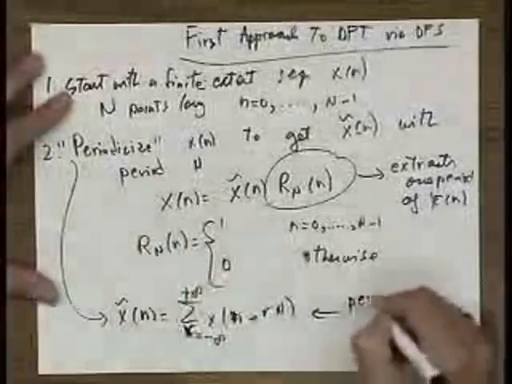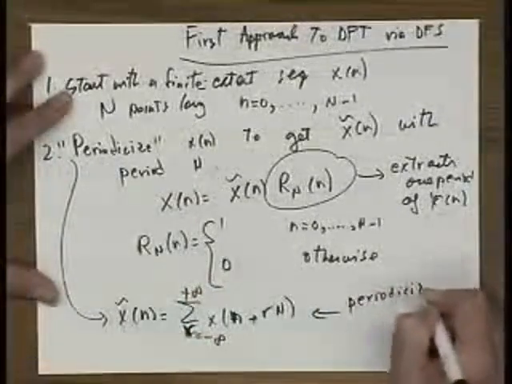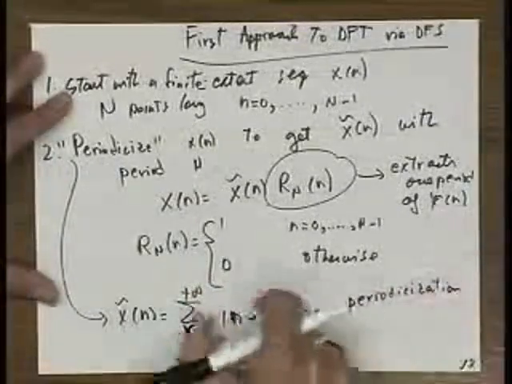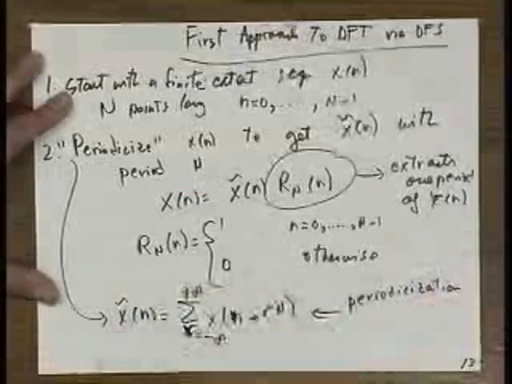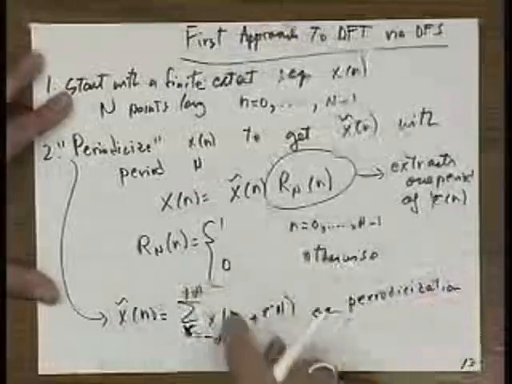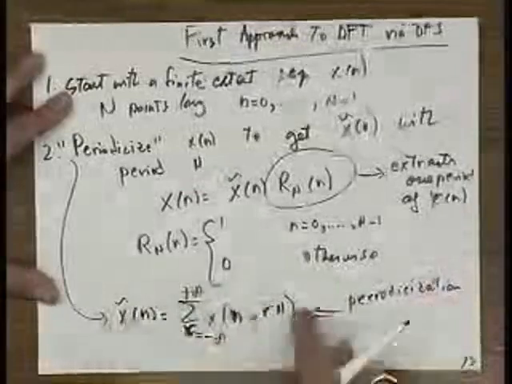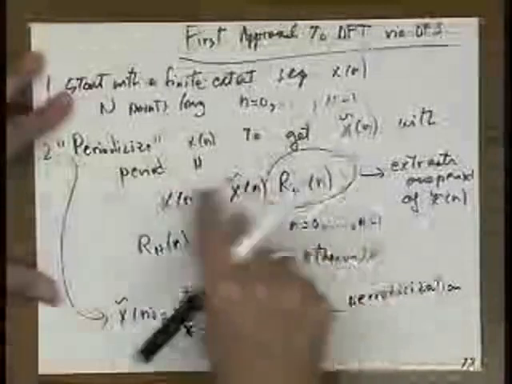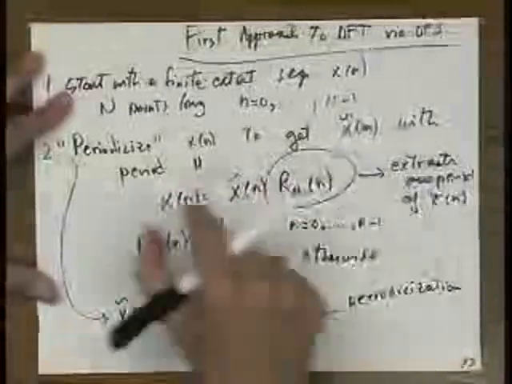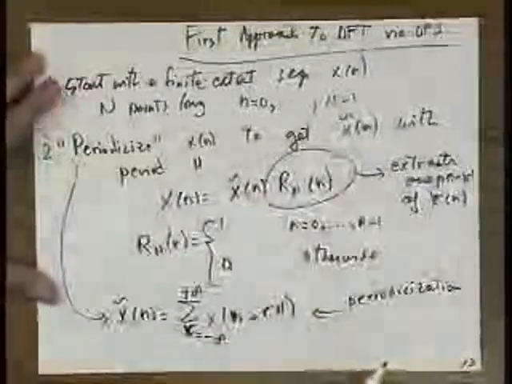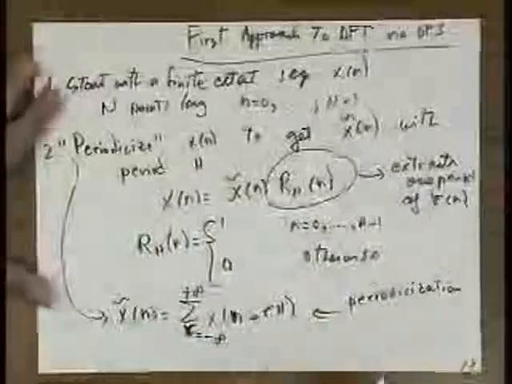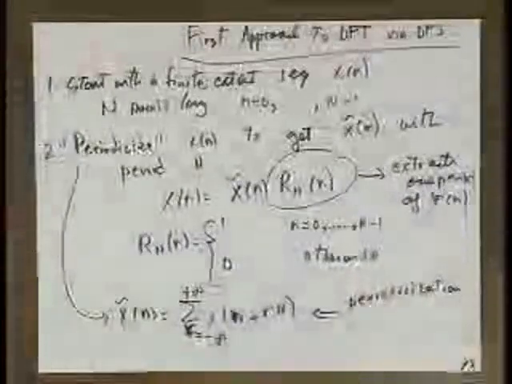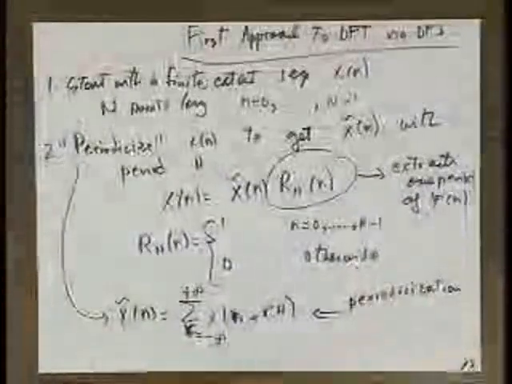That's what the periodization does. It just makes this thing replicated, right? So to start from x of n to go to x tilde of n, I plug it into this relationship. Now that I have x tilde of n, I want to get x of n, I multiply by this r guy, and I get just one period. Is that clear? There's a bunch of words for almost nothing. It is. There's not much to it. And a lot of symbols.